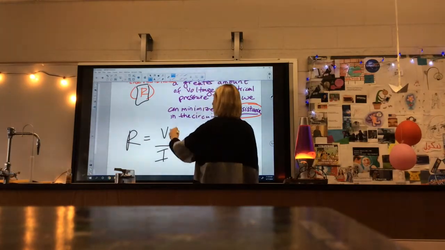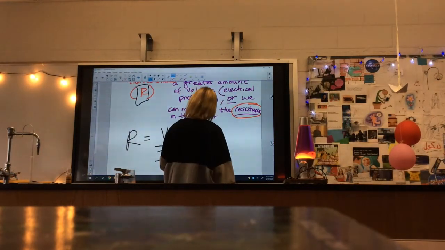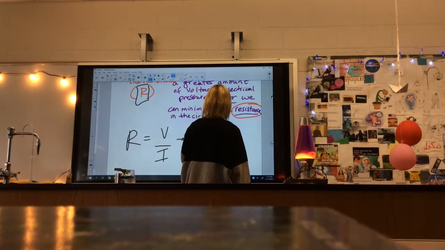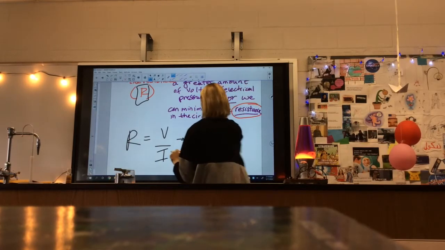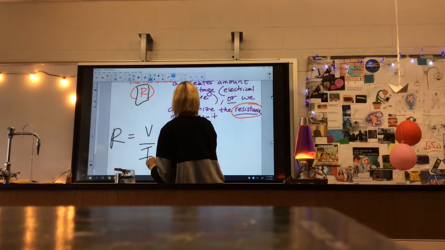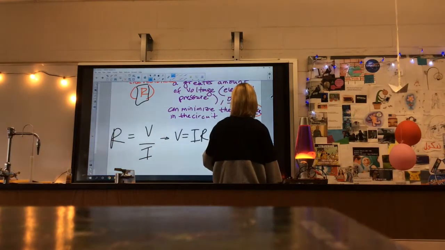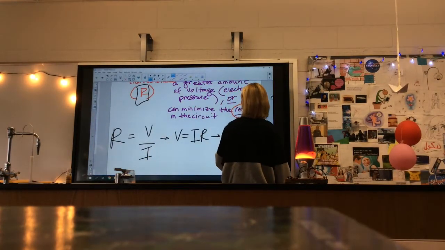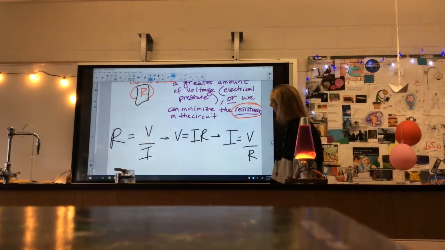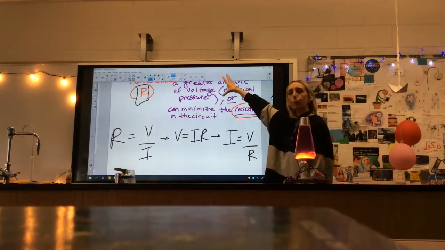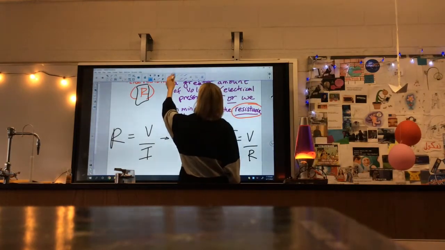Well, I want to rearrange it. So I'm going to go like this, V equals IR. But then I'm going to go even further and say that I is equal to V over R. Now let's revisit what we were just talking about.